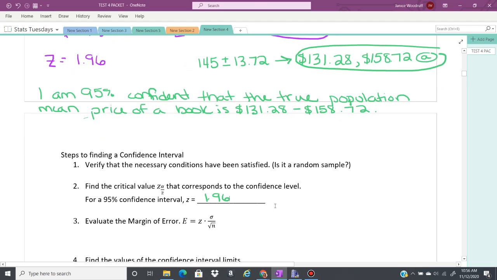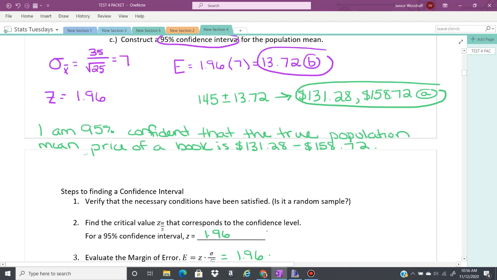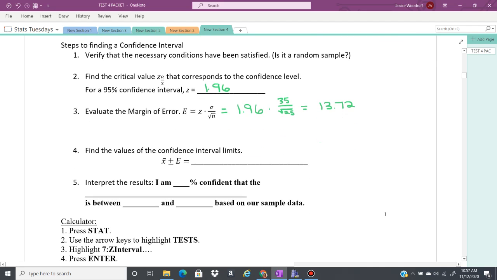Evaluate the margin of error, which was 1.96 times the standard deviation, 35 over the square root of 25, and that gave us 13.72. Then we find the values of the confidence interval limits, which were 145 plus or minus 13.72.